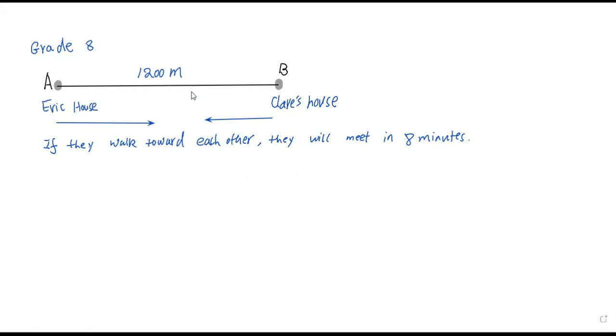However, the question is getting a little bit tricky. If they decide to meet somewhere else, let's say at a playground closer to Claire's house, they decide to walk towards the playground.